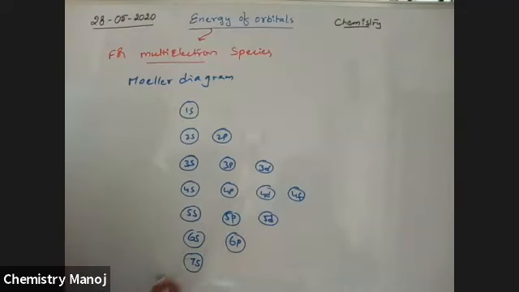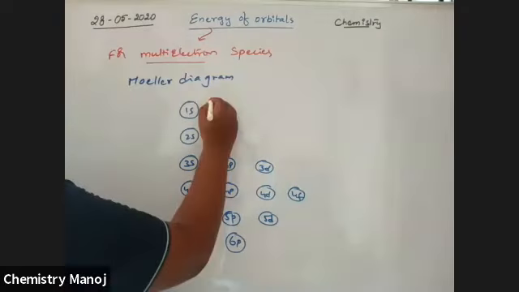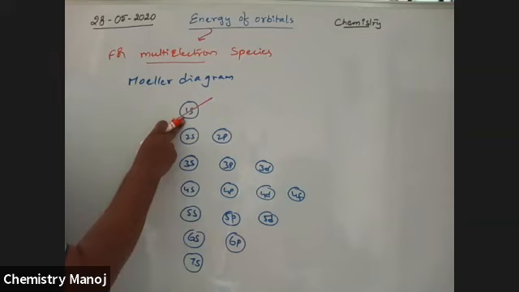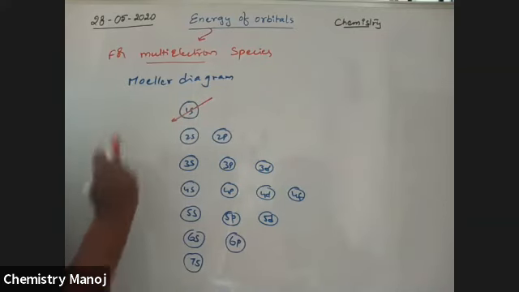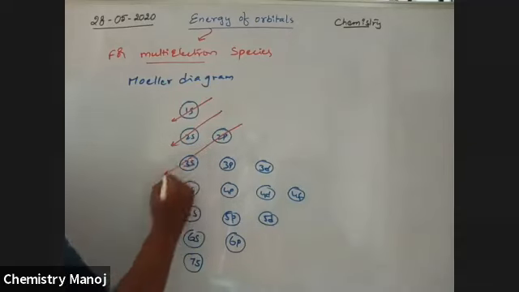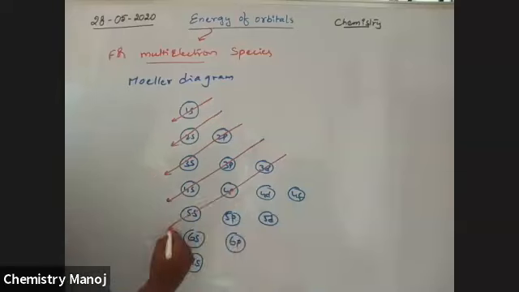These are the different possible orbitals in the first orbit, second orbit, third orbit, like that. Now the energy order: the first electron enters the 1s orbital, which means 1s is the lowest energy orbital. Next it enters 2s, after that 2p, after that 3s, 3p, 4s, 3d, 4p, 5s. So this is the way.